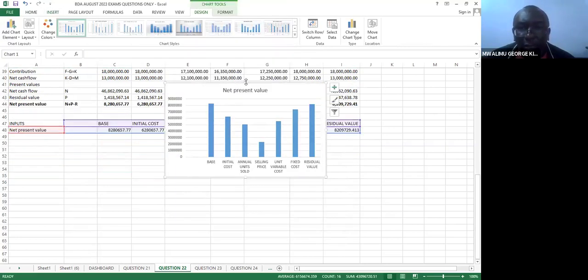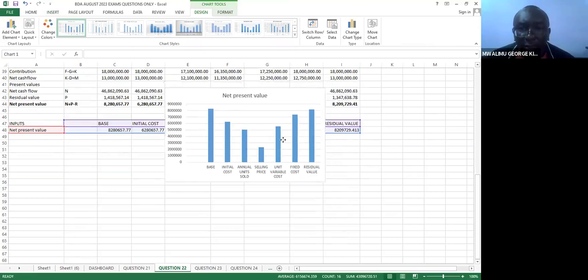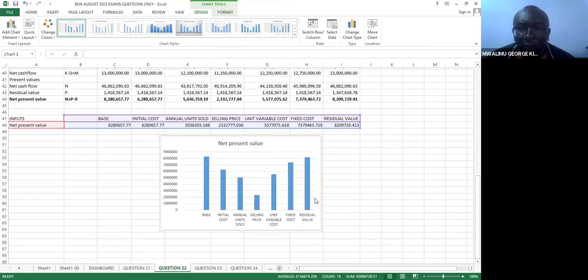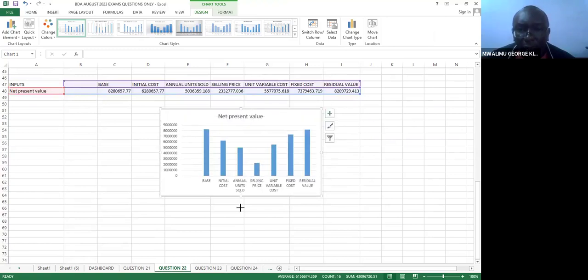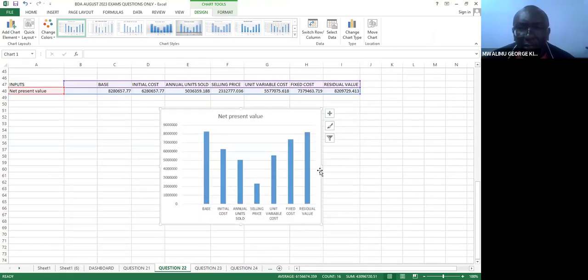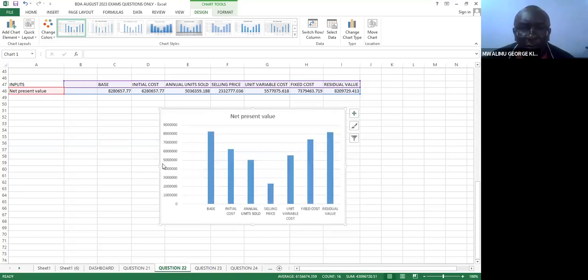So we can bring it down here, and expand a little.